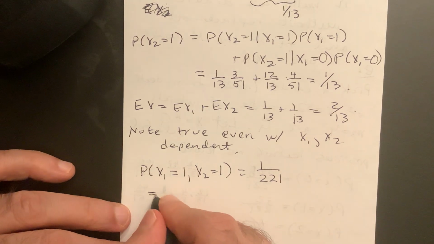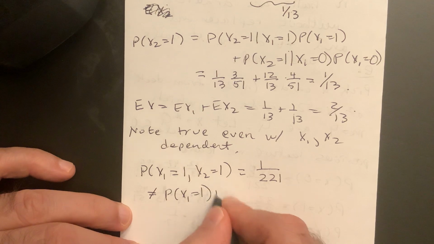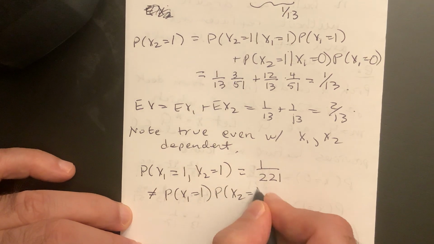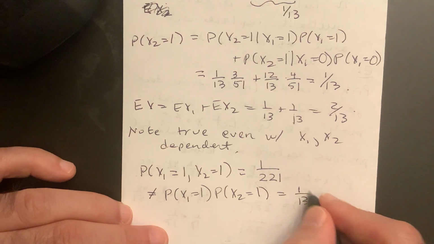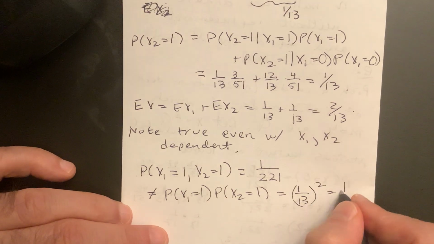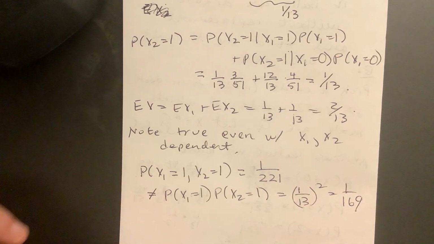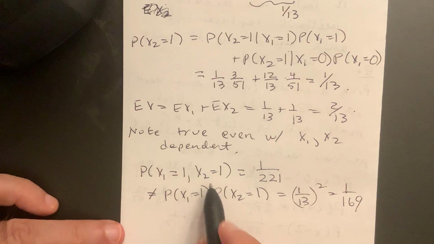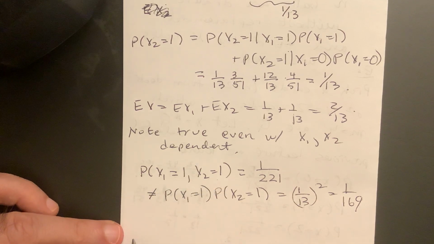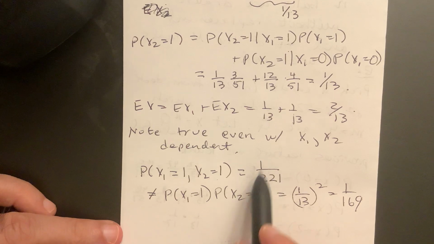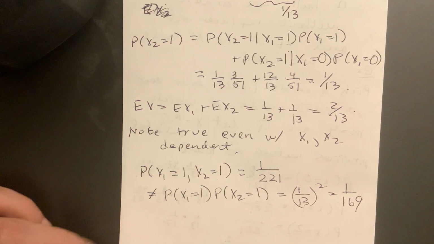But this is not equal to the probability x1 equals 1 times the probability x2 equals 1, which is just equal to 1 over 13 squared equals 1 over 169. So they are not independent. There's a lower chance x2 is 1 if x1 is 1. That's one way to think about it. So I get a smaller probability here that they both are, rather than that their product would be.